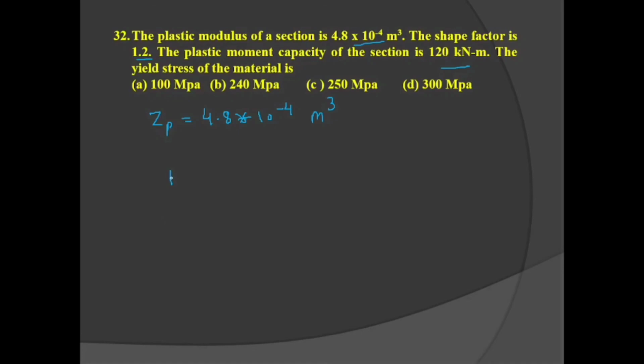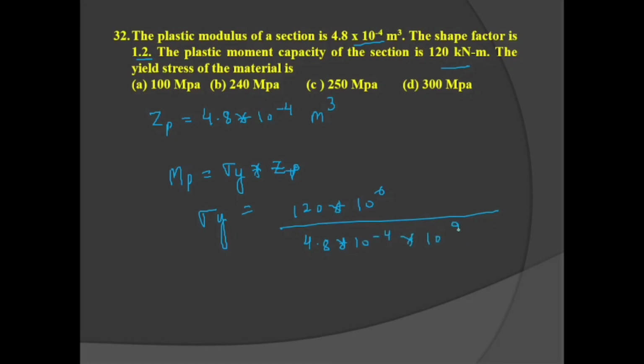So MP, as we know, is sigma y into ZP. So sigma y we have to calculate: 120 into 10 to the power 6 whole divided by 4.8 into 10 to the power minus 4.